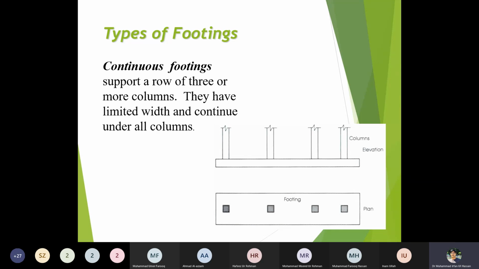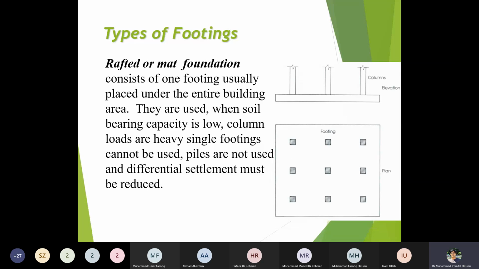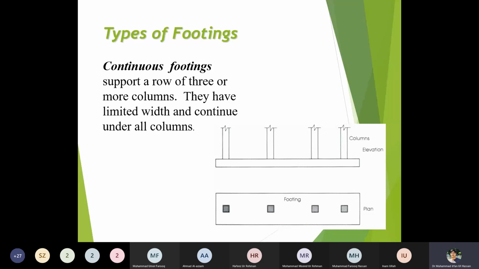So this is a good footing, continuous footing, when we join the footings of the columns in one line or in two lines. But sometimes, if you are giving a lot of continuous footings, this becomes confusing, and the cost of the footing is also going high.